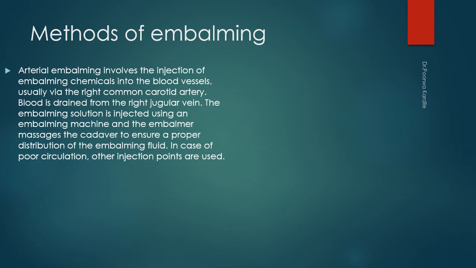As I have mentioned earlier, in arterial embalming, the venous blood is drained out from the right jugular vein. Then the embalming fluid is injected into the right common carotid artery or in the femoral artery with the help of embalming machine or with the help of gravity feed method. So, with the help of this, the embalming fluid will replace the blood in the blood vessels.